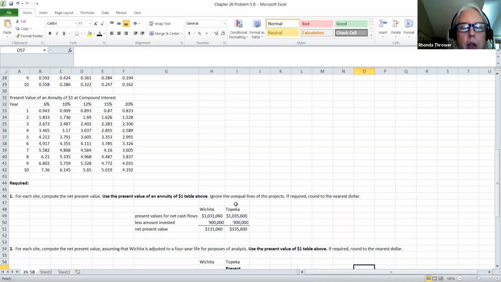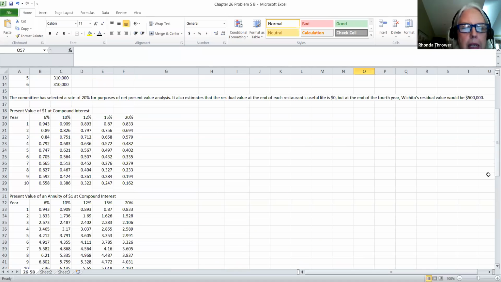They want you to ignore unequal useful lives of the projects. So we're just going to use the useful life of each one of the projects separately, and we are using the present value of the annuity table.